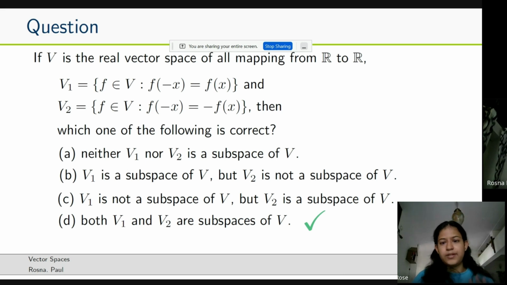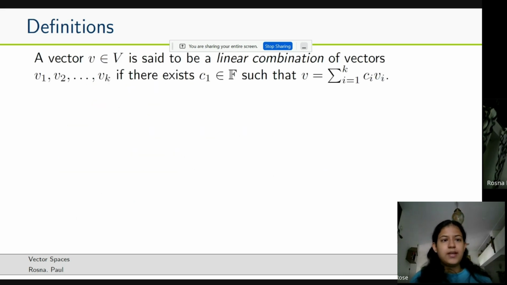Okay, I hope that you understood the concept of subspaces. Now let's move to the next set of definitions. If you have a vector v in your vector space, and this vector is said to be a linear combination of other vectors, for example v1, v2, up to vk, this means that there exist some scalars ci's from F such that v can be written as the sum of ci vi.